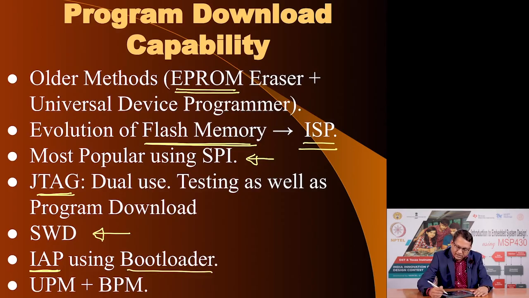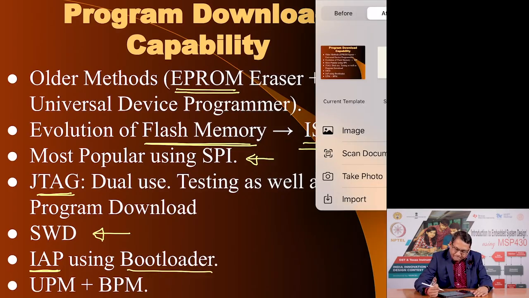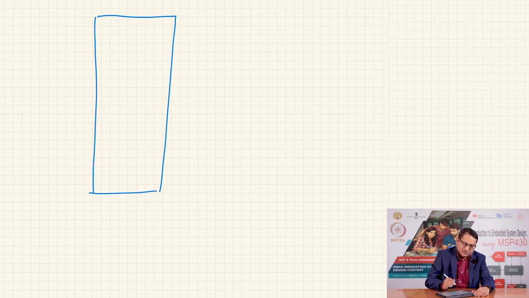Bootloader, let me illustrate that also. So the entire program memory of your system would be split in two parts.